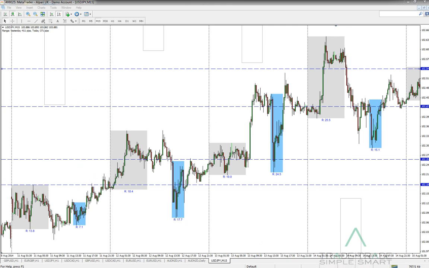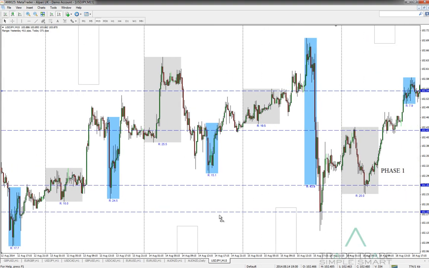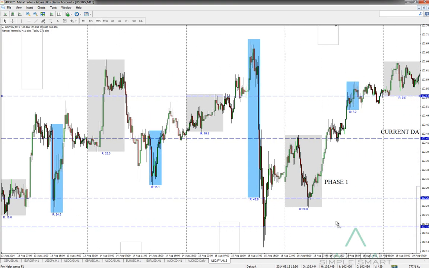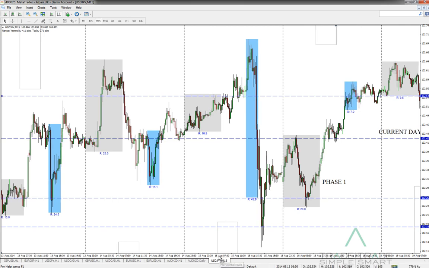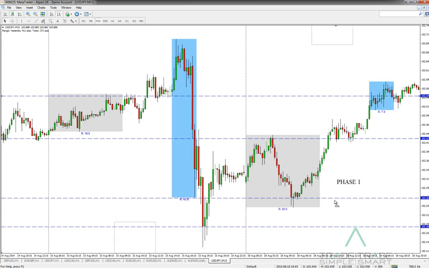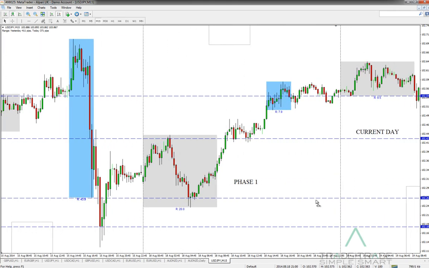So we can see that the 4 levels that we have pointed out have all previously acted as a level of support or resistance. So in terms of the current day's trading, and I'm just going to zoom in here so we can see the chart more clearly, we're simply going to be looking for manipulation of one of these levels during the London session.